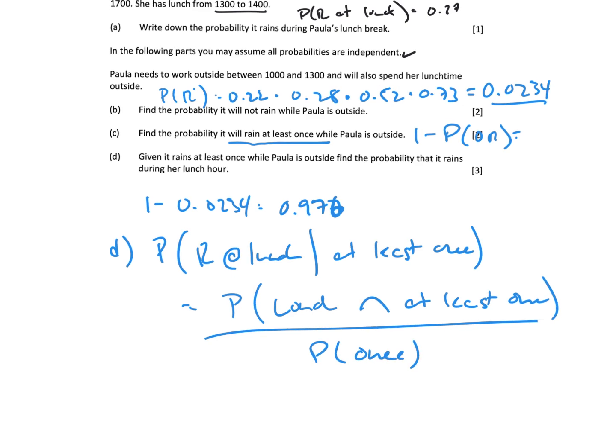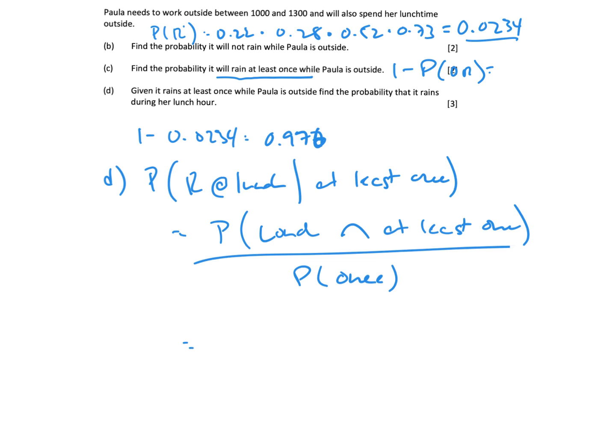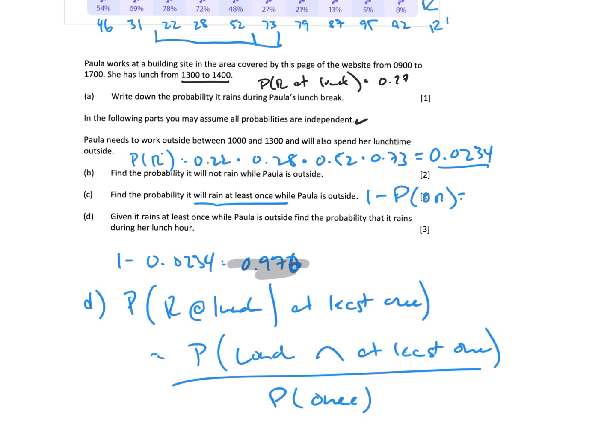So using what I know already, the probability of at least once is 0.976. That is from this value here. The probability of at lunch and at least once, well, if I think about what I've done, that's this one here, right?